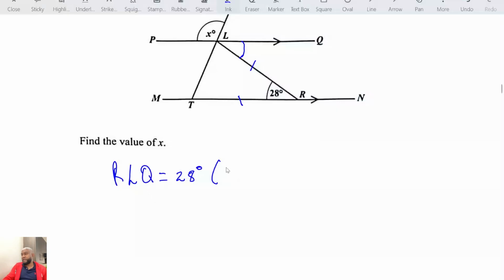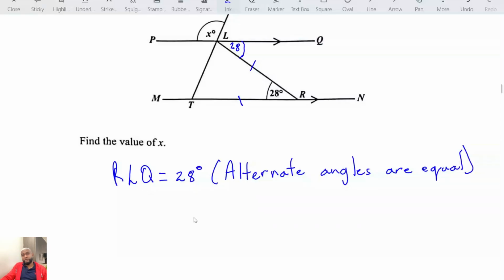Who knows the reason for that? Alternate angles are equal. Everybody good there? This angle is equal to this angle up here.